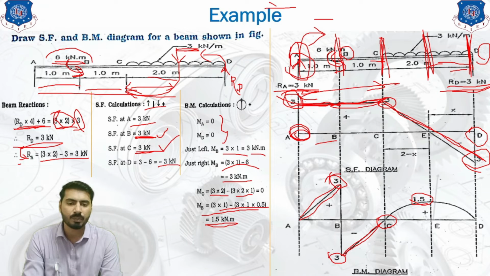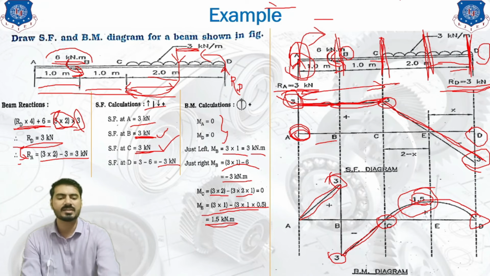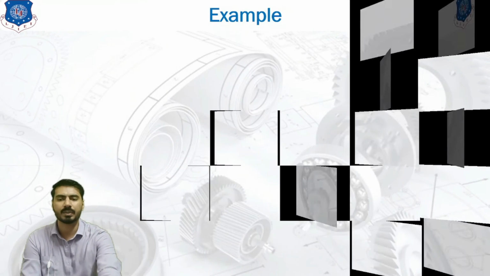So that 1.5 is represented over here. We know the value of the bending moment at D point is 0. Between C and D, a parabolic curve is used to represent the bending moment diagram. So this is how we complete our example over here.